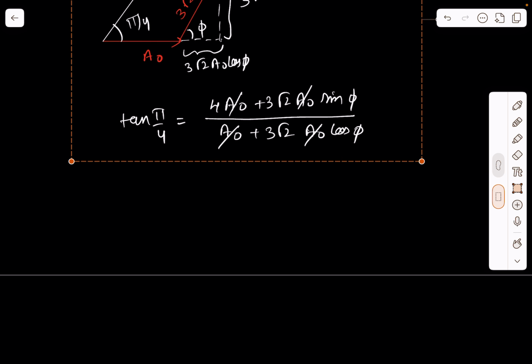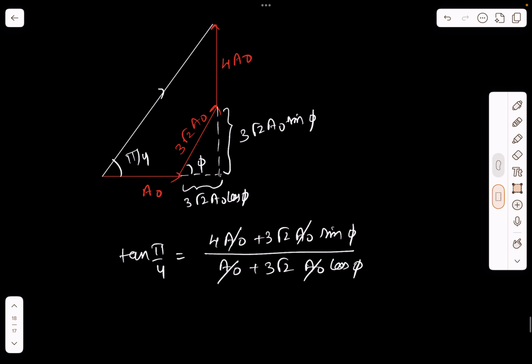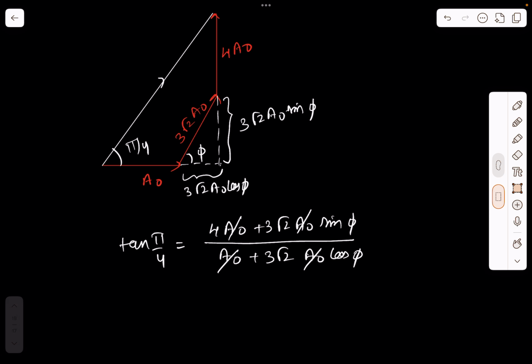I have already the diagram ready. So the first wave I have represented by a vector of length a naught, and I have drawn it horizontally. The second wave leads the first wave by an angle phi, which I have shown like this, and its amplitude is 3 root 2 a naught.